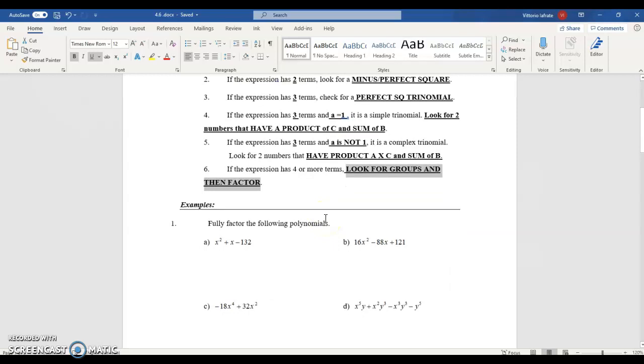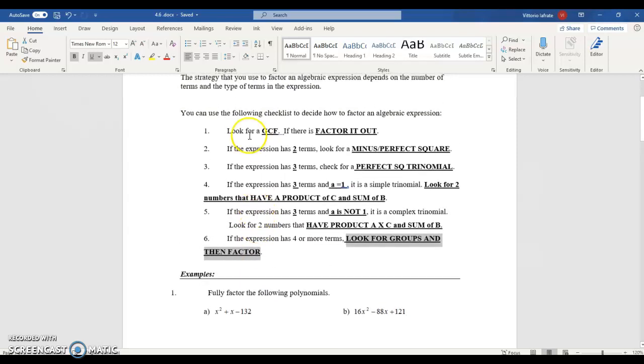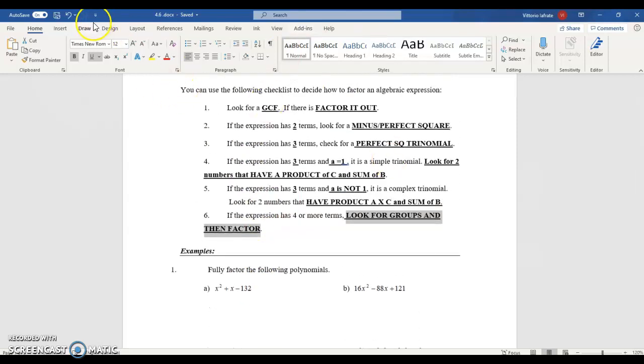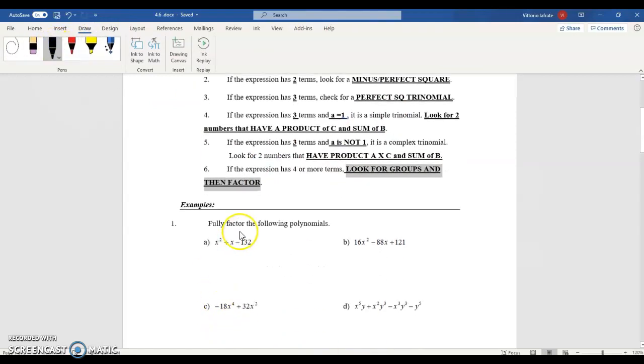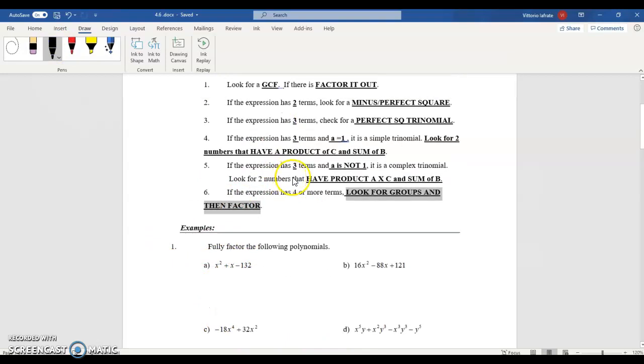So let's do a few examples of factoring together and see what they fall under based on the tips that we have here. So here we have a polynomial, and we have three terms. And it looks like our a over here, if you look at question a, the value in front of the x squared is just a is equal to 1.